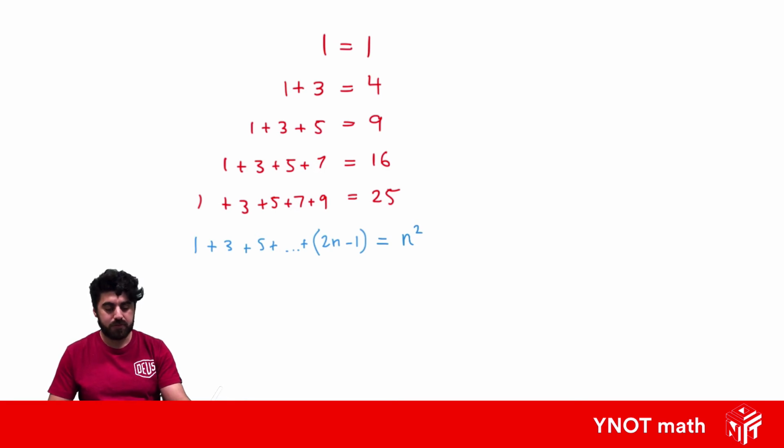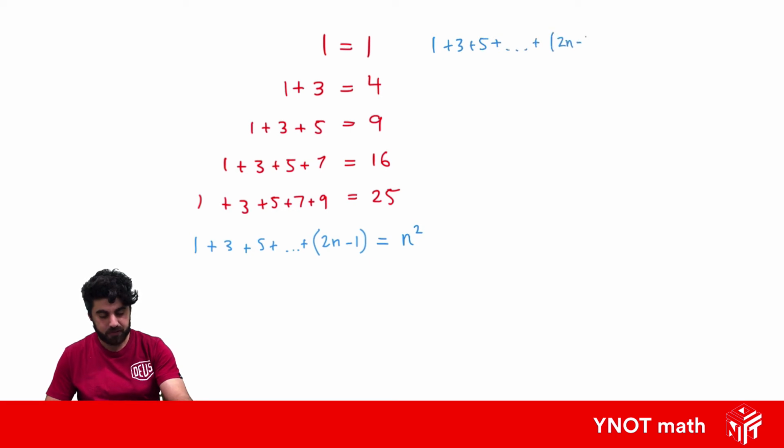So how can we use mathematical induction to show that this is true for all values of n? So let's write this statement up here. So we have 1 plus 3 plus 5 plus ... all the way up to 2n minus 1 equals n squared. And we want to know, is it true?